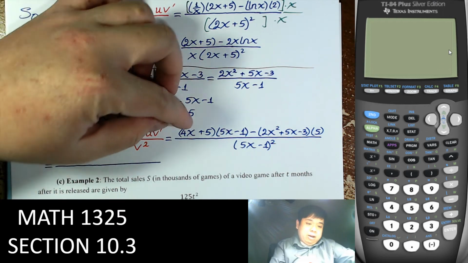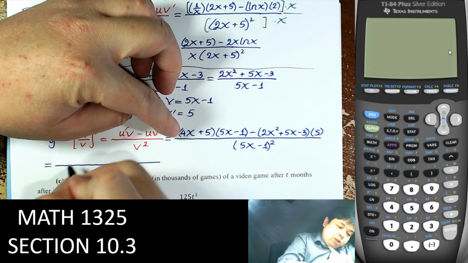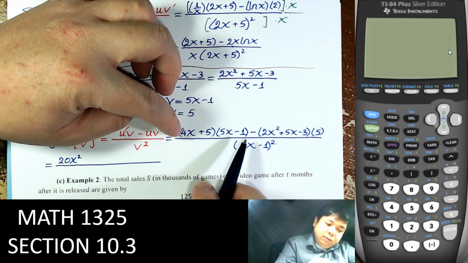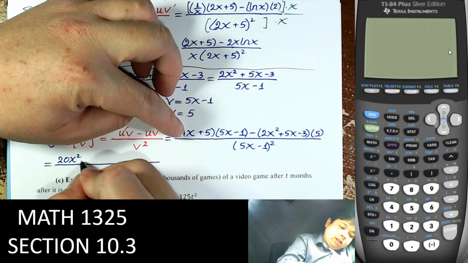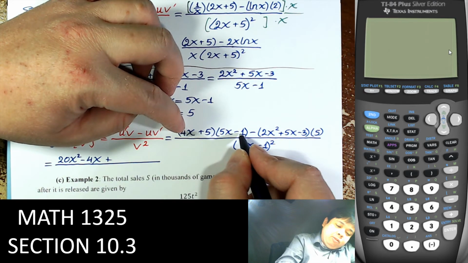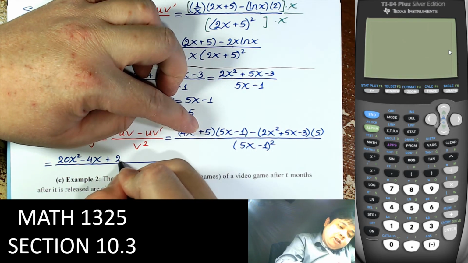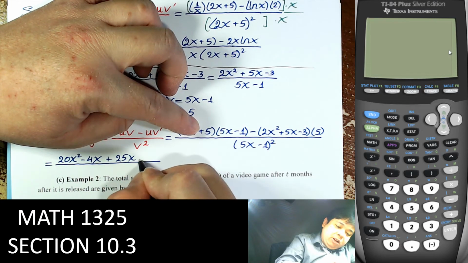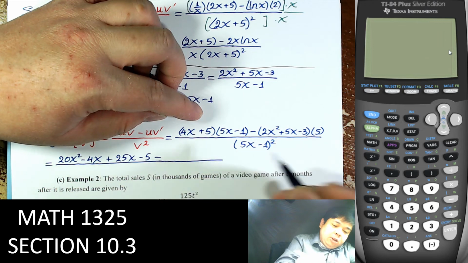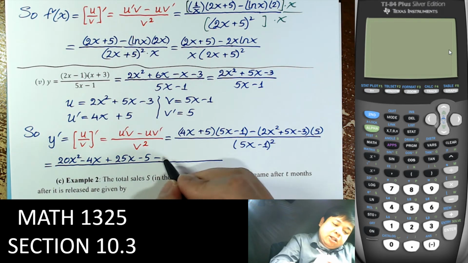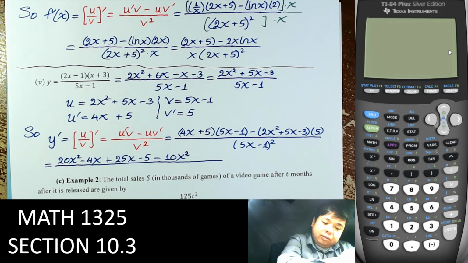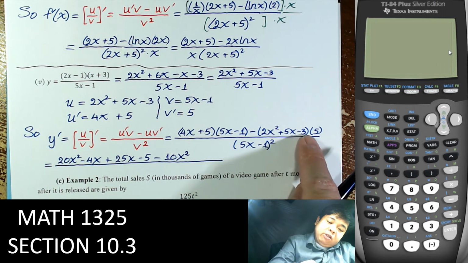Right, multiply them out. 20x square minus 4x plus 25x minus 5, minus 5, that's 10x square, 25x.